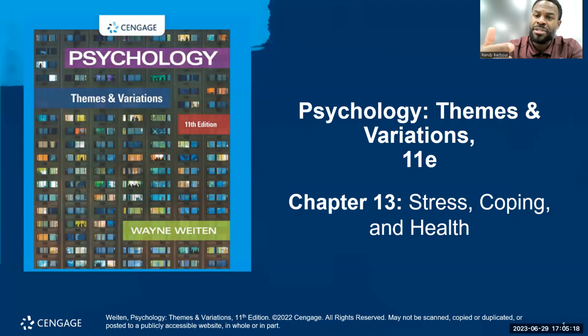So we'll talk about the emotions that are tied to stress, how those emotions are elicited when we are experiencing stressful situations. We'll talk about the biopsychosocial model of stress and how all of those different components are kind of interactive with one another as we experience stressful events. And then we'll move into coping.